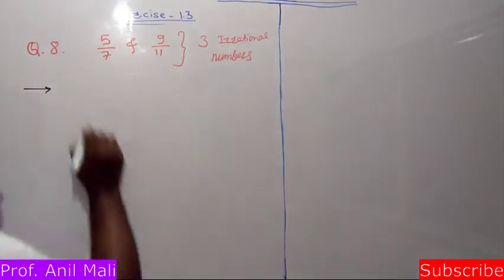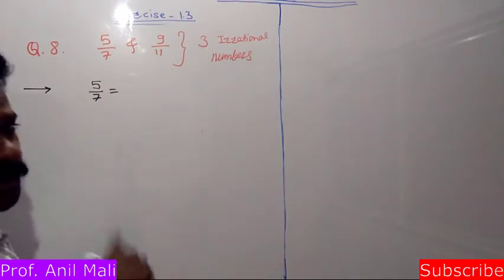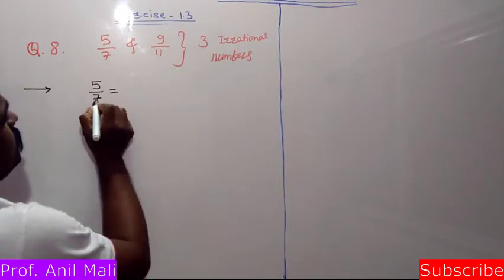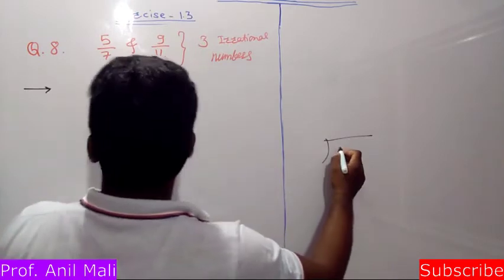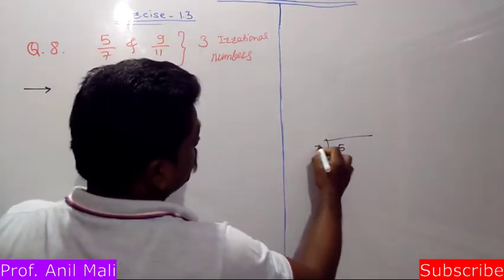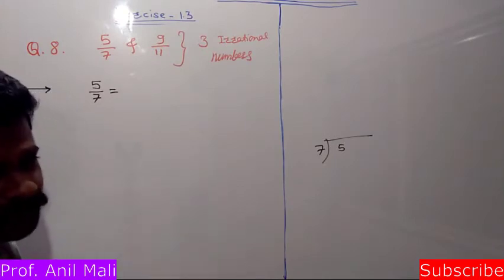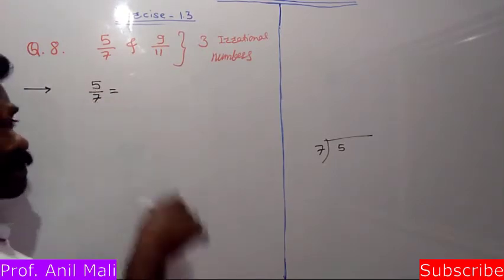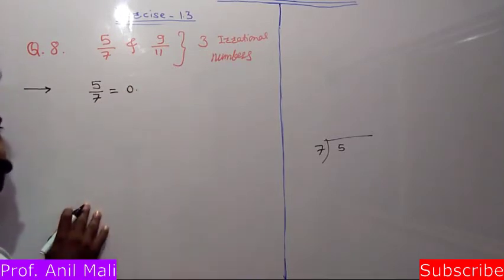So first we will express 5 by 7 in decimal form. I'll do it here directly; you can do it in this procedure also. Here we have 5 and 7, so you can divide 5 by 7. First, 5 is not divisible by 7, so we'll take 0 point.